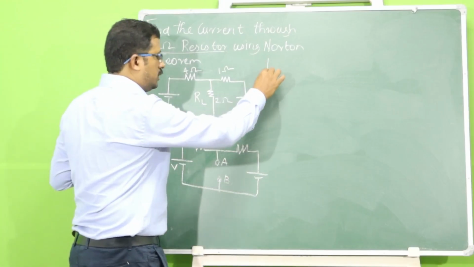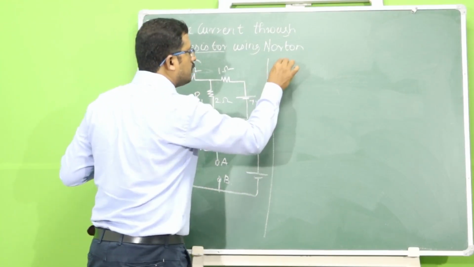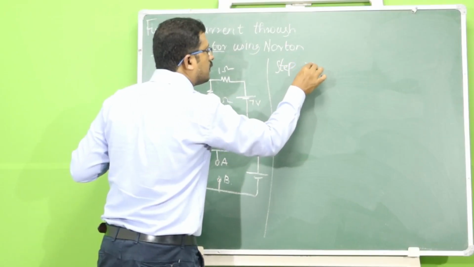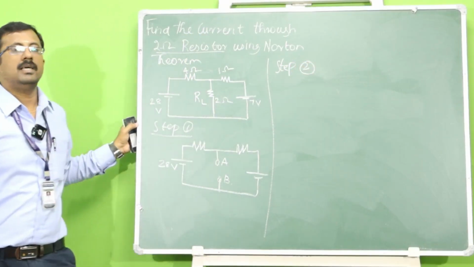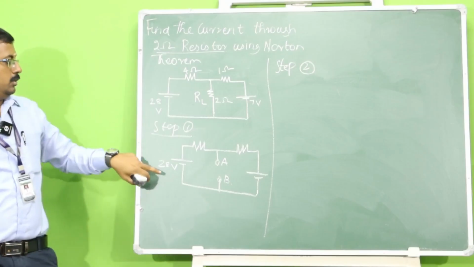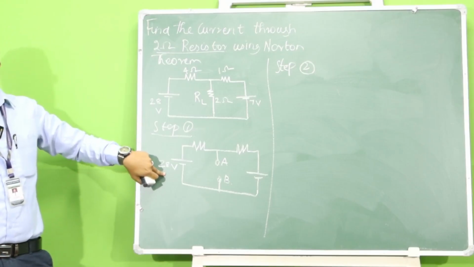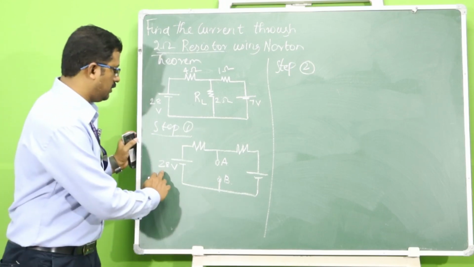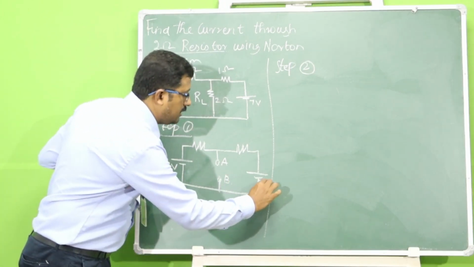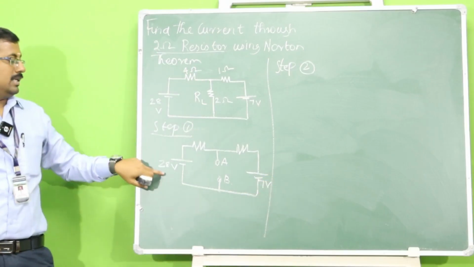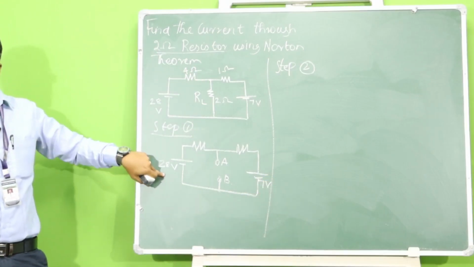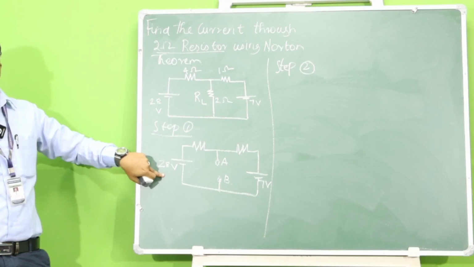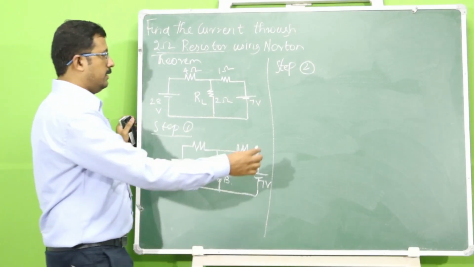In step number 2, as per the Norton's theorem statement, you have to short circuit all the voltage sources present in your circuit. We have 2 voltage sources, one is 28 volt and the second is 7 volt. Now we have to short circuit these voltage sources and find the value of Norton's equivalent resistance.